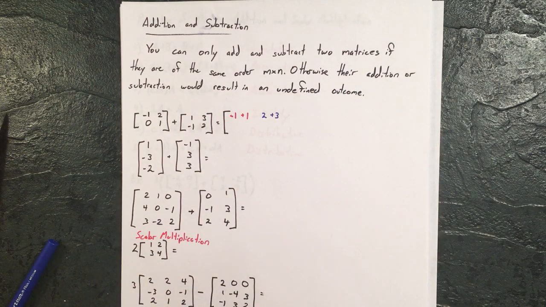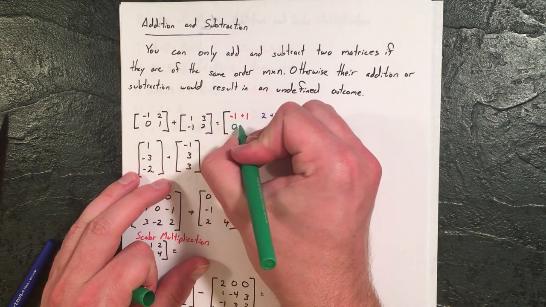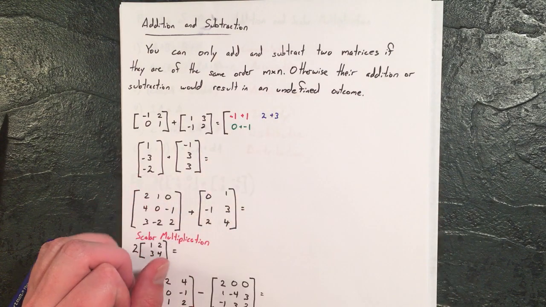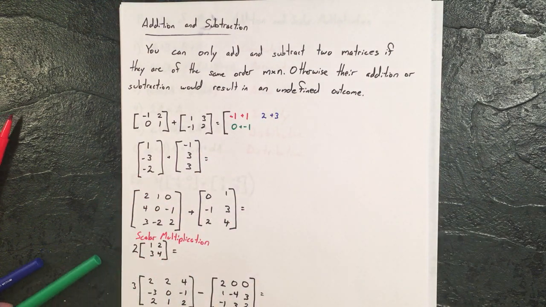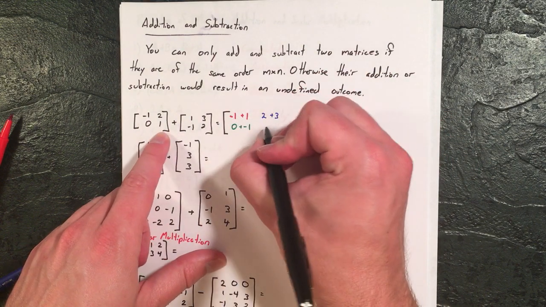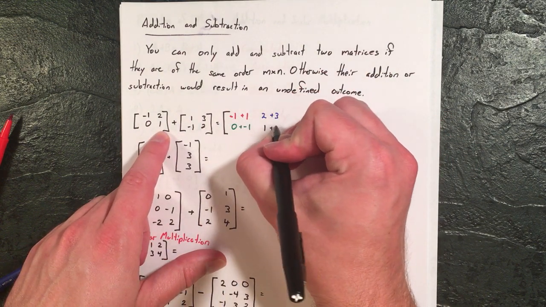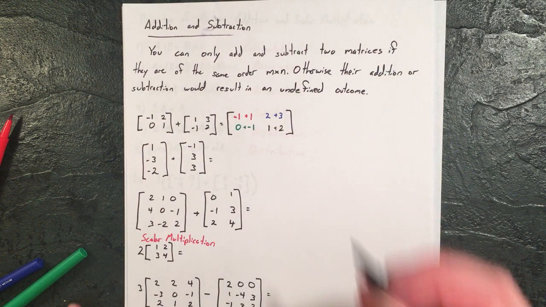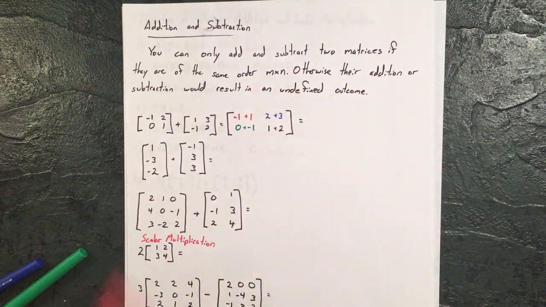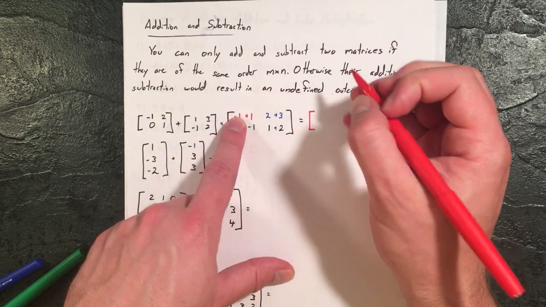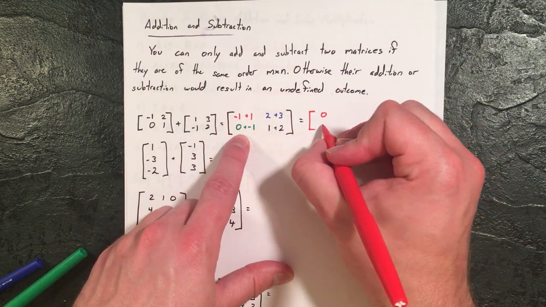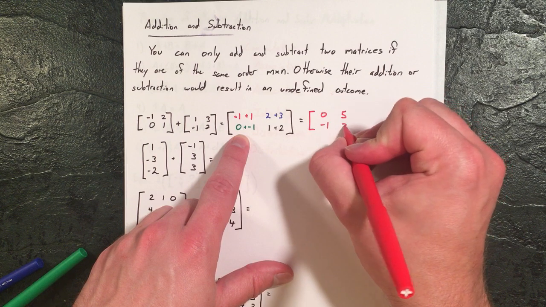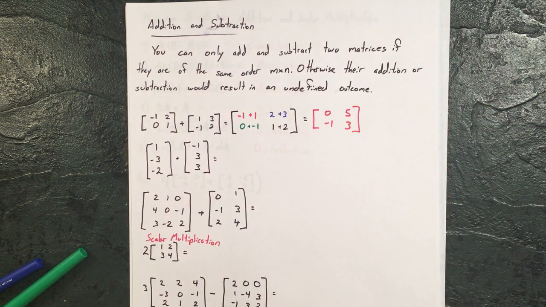The next one would be 0 plus -1. And then the last one, I don't have a different color, so we're going black, 1 plus 2. So adding all of these, that final outcome would look like we have a 0, -1, 5, and 3. So that's the intuitive way that you may think to go through it, but just to show you that's what it is.